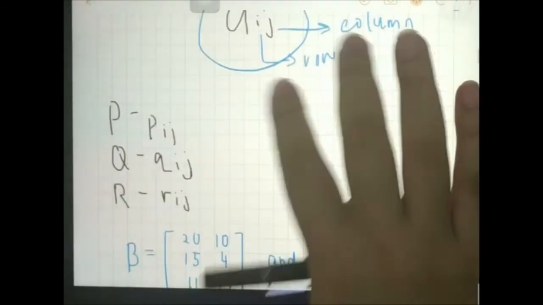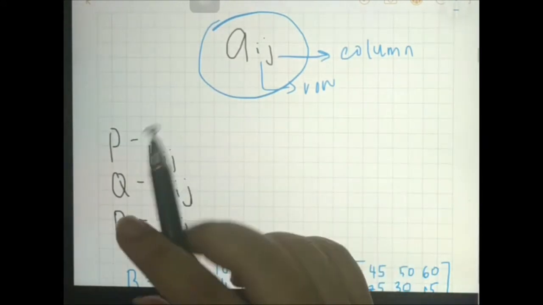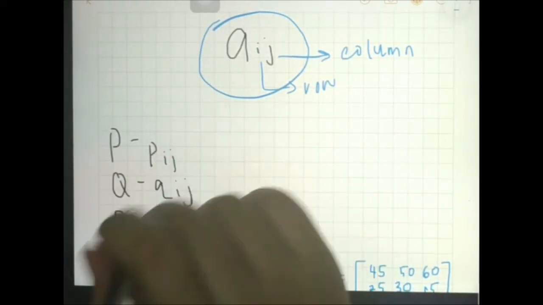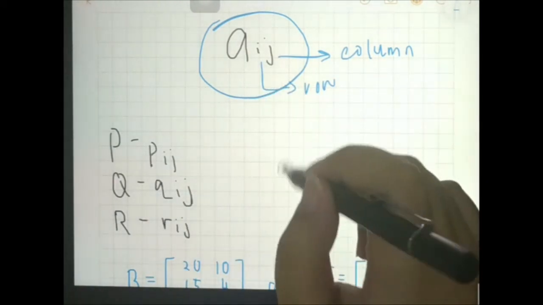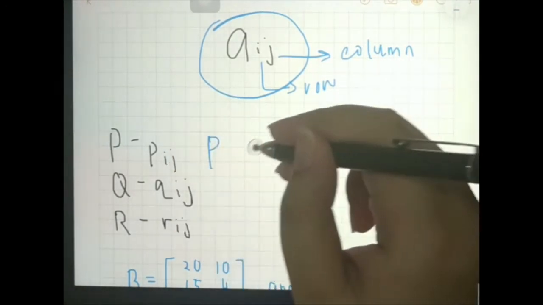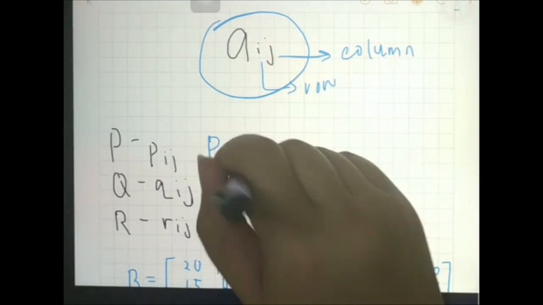But what if I want other capital letters like P, Q, R? Then the elements that we want to represent, just put it in lowercase and then put the rows and columns that we want. As I said, I represents row, J represents column. So if the matrix is P, and I want to find, let's say, element p 3 1, I look at the third row and the first column.